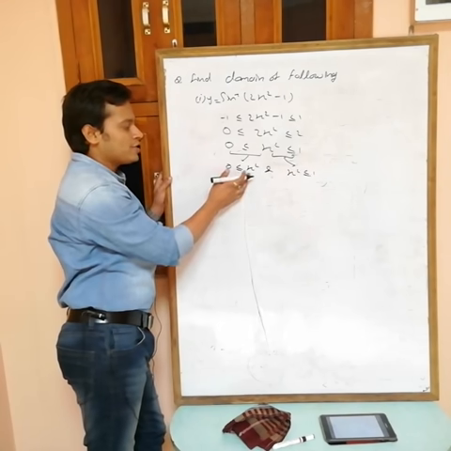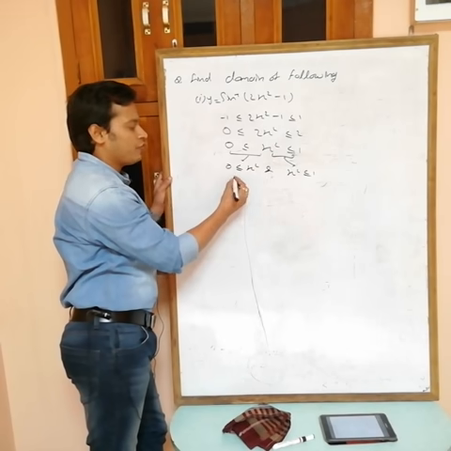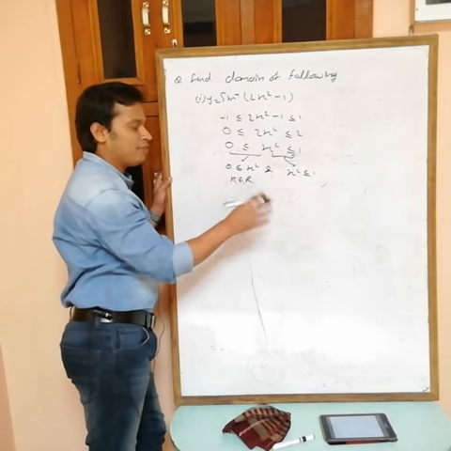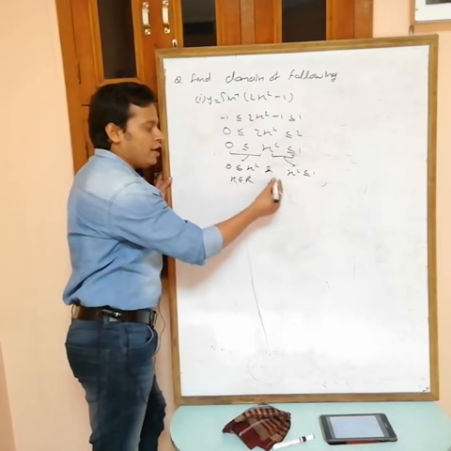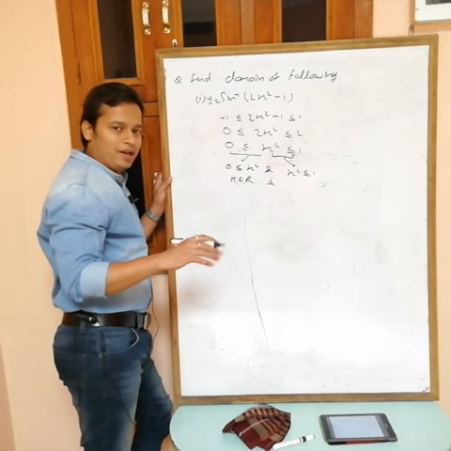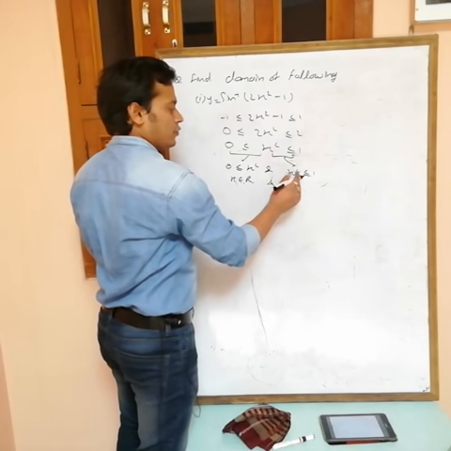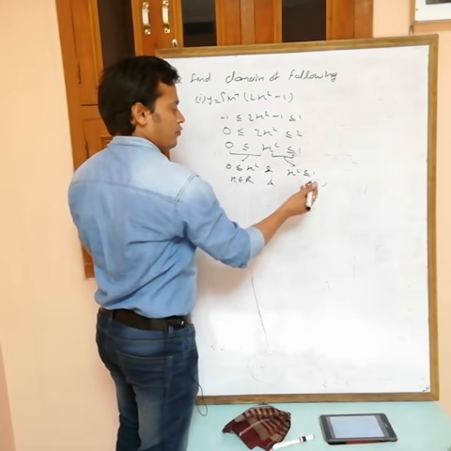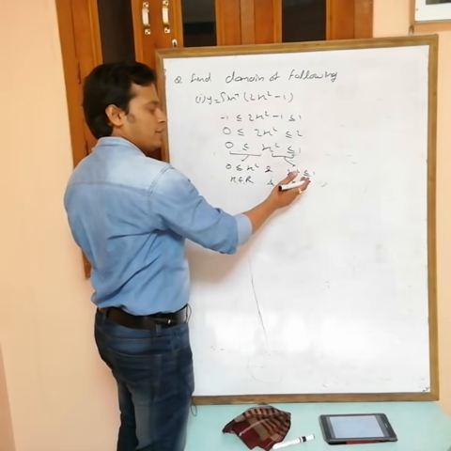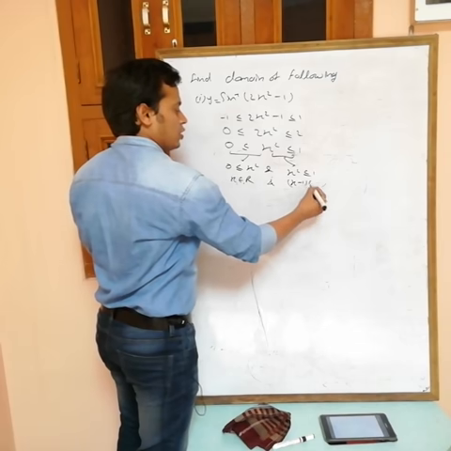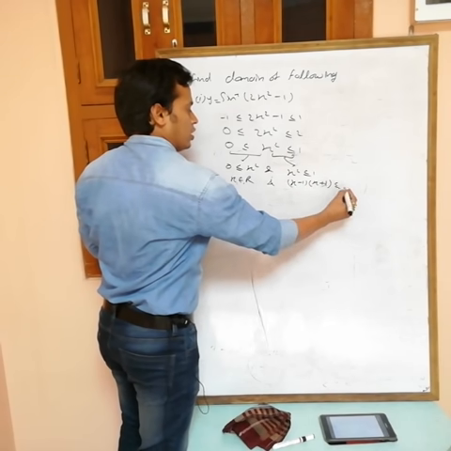Okay, now x square is always greater than or equal to 0. So from this one what are we getting? X belongs to R. X can take any value. And it means intersection. Solve both and after that take the common part. Okay, x square less than or equal to 1. X square minus 1 less than or equal to 0. If you take 1 to this side, minus 1, then factorize: x minus 1, x plus 1, less than or equal to 0.